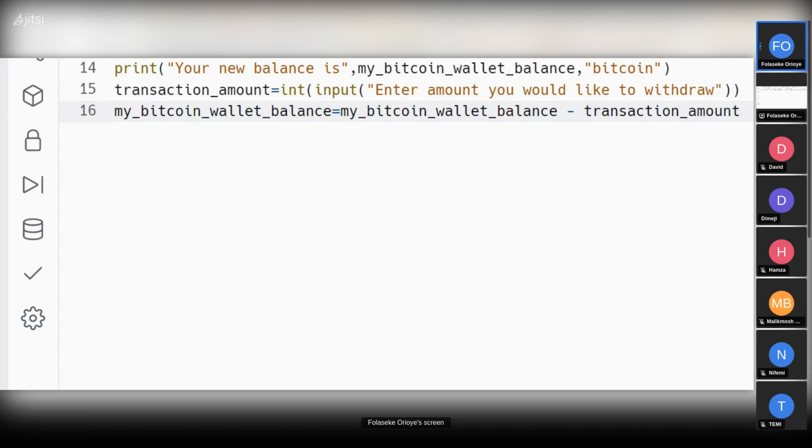That's what is going to be done first before my variable. Once that is done, it's going to make my Bitcoin wallet balance equal what is remaining. That's two thousand four hundred. A round of applause for her.